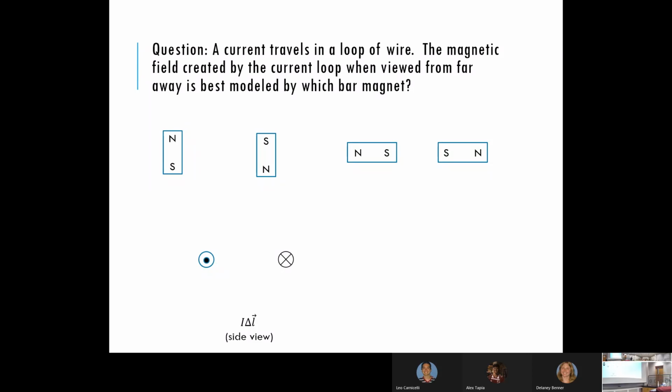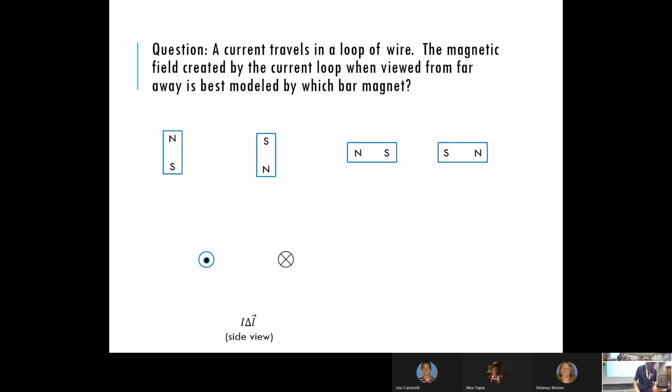Rather than this being a straight line going out of the board or going into the board, I want you to think about this as the cutaway section of a loop of wire. Imagine this loop is coming out of the board and goes in, a circular wire that we're viewing edge on.